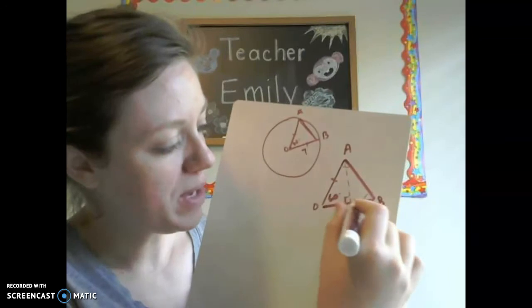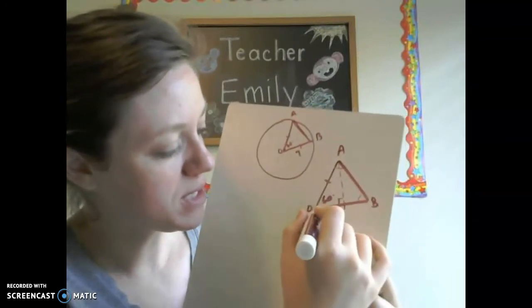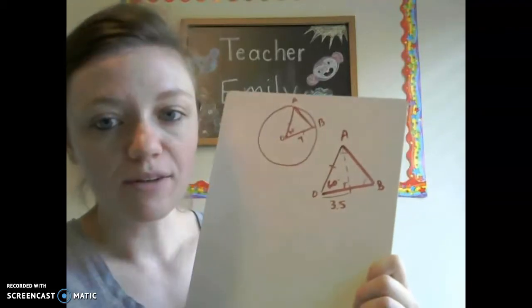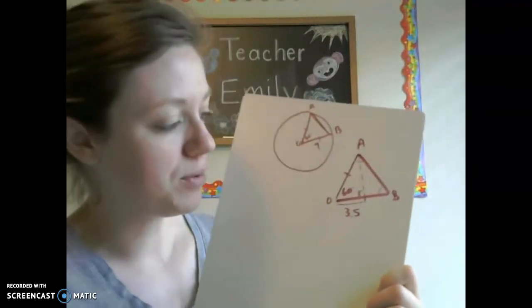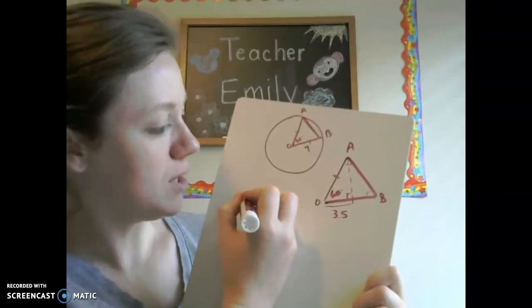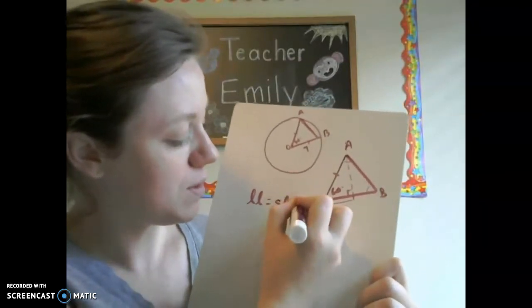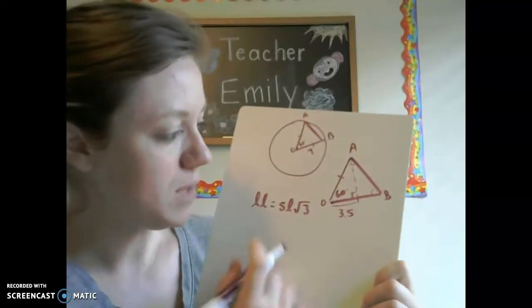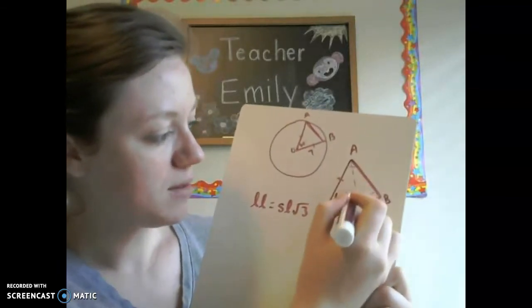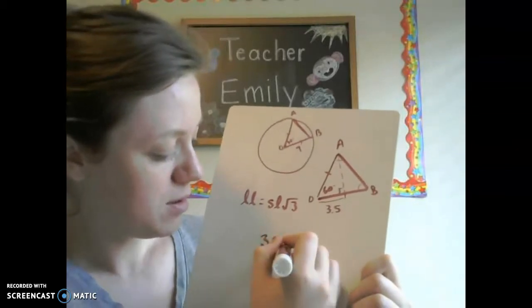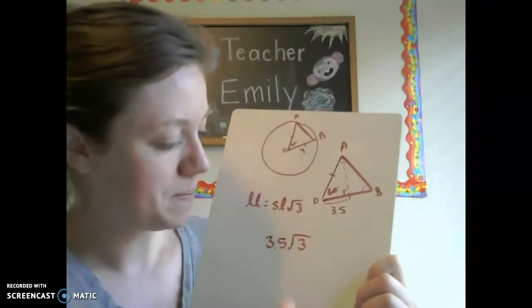Since this whole base is 7, this section right here is 3.5. From the 30, 60, 90 theorem, the long leg equals the short leg times the square root of 3. So this long leg, the height of the triangle, is 3.5 times the square root of 3.